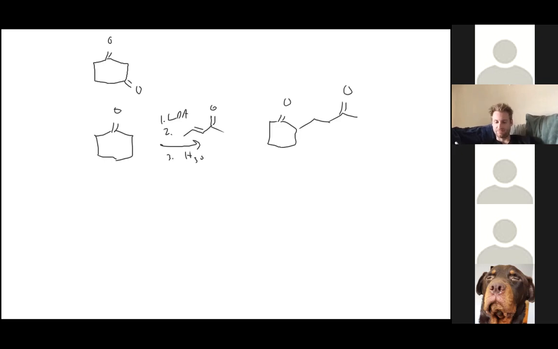Instead, it just kind of acts as a base and pulls off one of these protons or something, and it just doesn't work. So instead, we are going to make an enamine. So adding in a large hindered secondary amine.